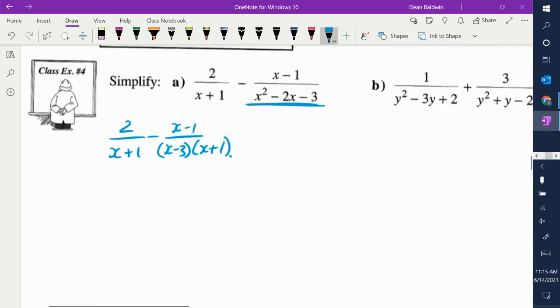Okay, so that is true. That is a common denominator. It's not going to be the lowest common denominator, okay? But you could just slam them together. You'll get x plus 1 all squared and x minus 3. But if you already have the x plus 1 in both, you don't need to worry about it, okay? I just need to get an x minus 3 on this one, okay?